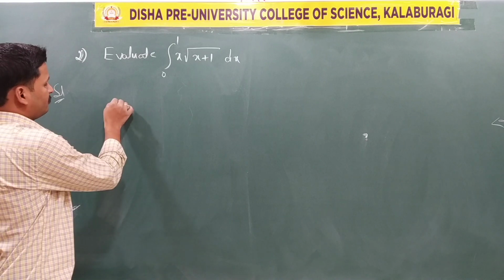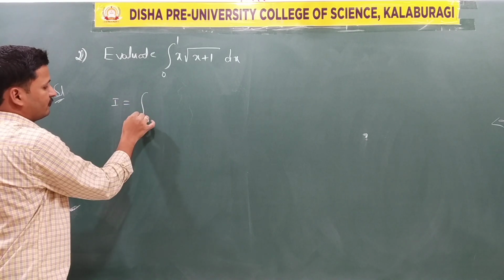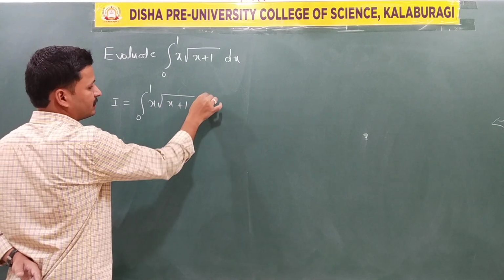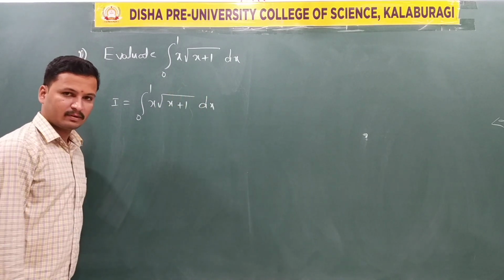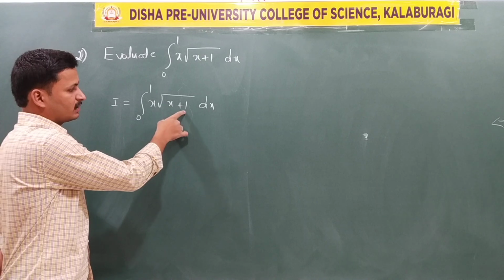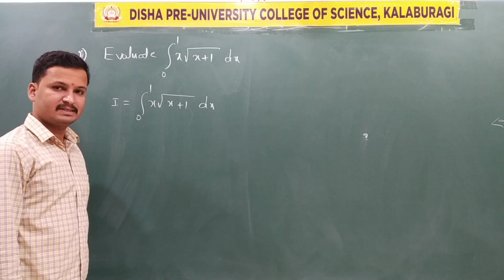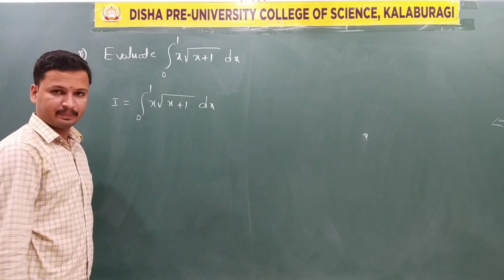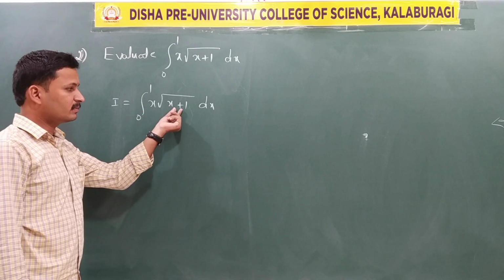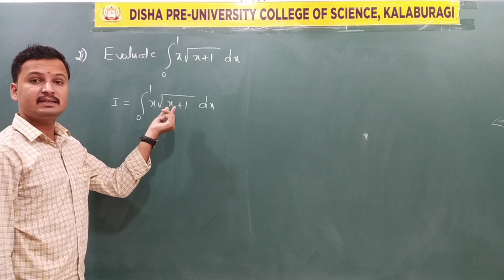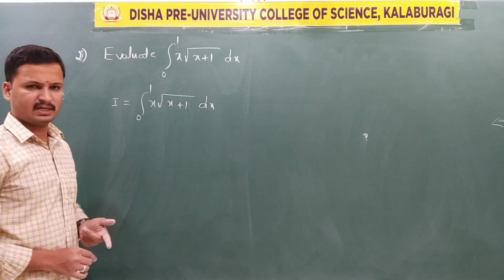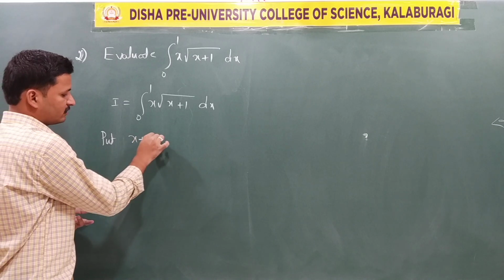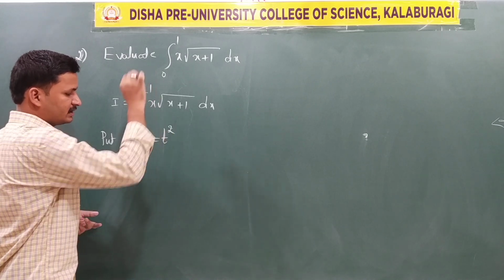Solution. Integral I from 0 to 1 of x into square root of x plus 1 into dx. Substitute in place of x plus 1 the square of some variable, t. So put x plus 1 equal to t square.